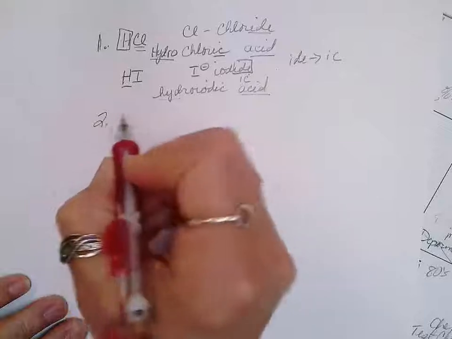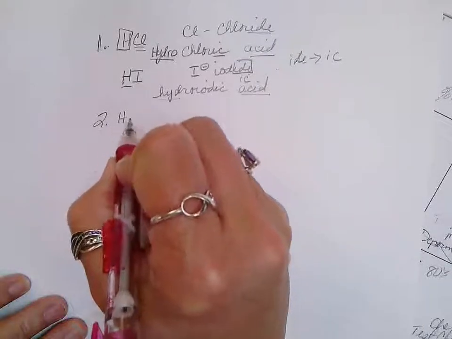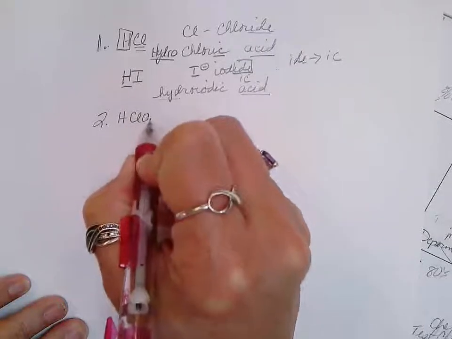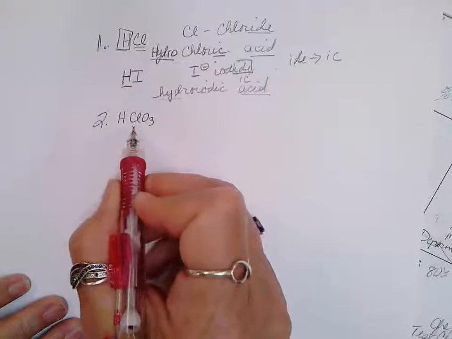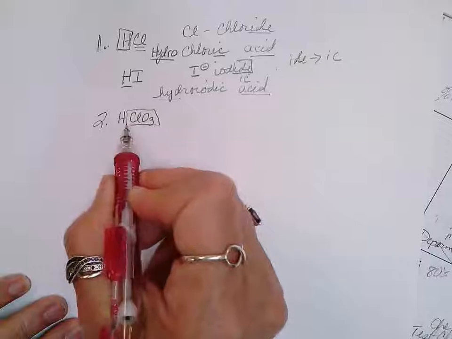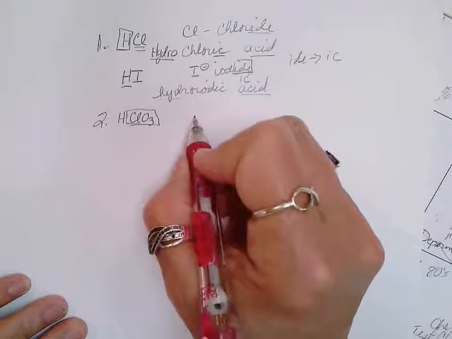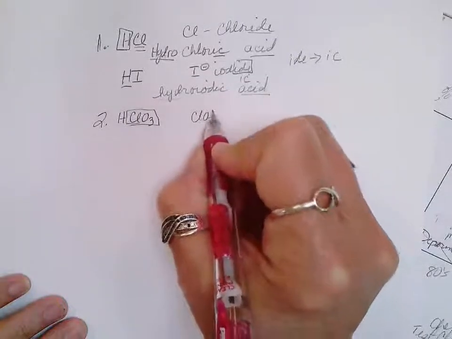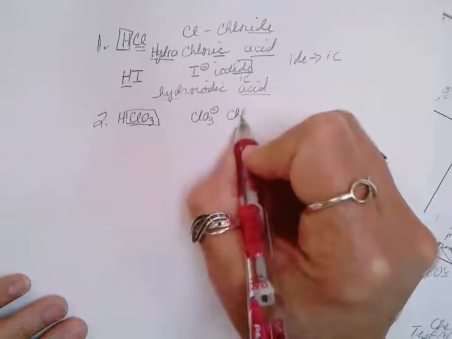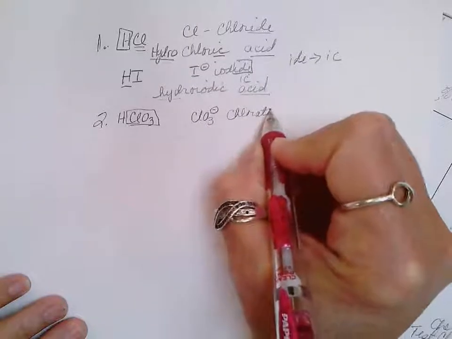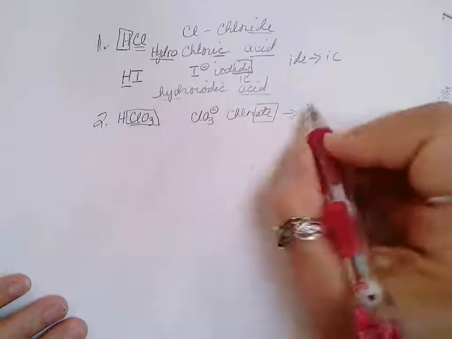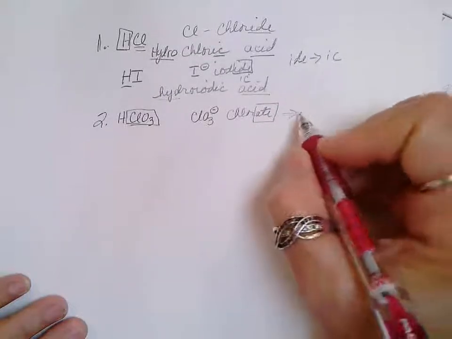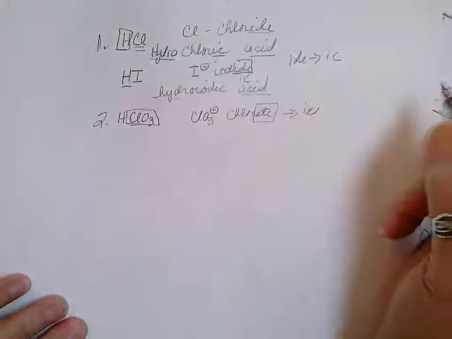Second kind of acids we can have are where we have something like a halogen with oxygen. So now we have to deal with this as a polyatomic ion. And so that would be chlorate. And if it has an ATE, we change it to IC.